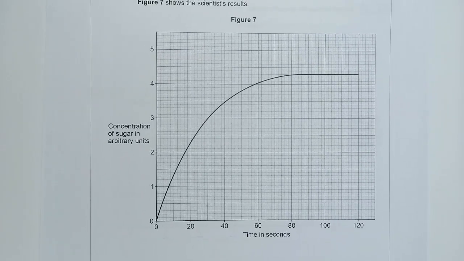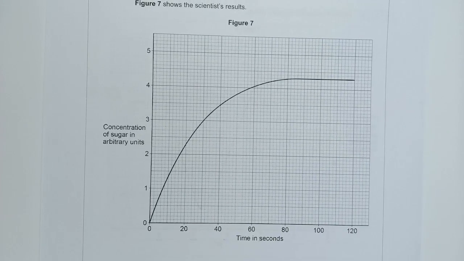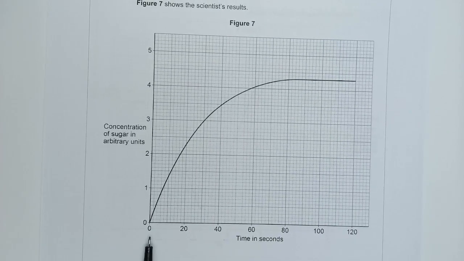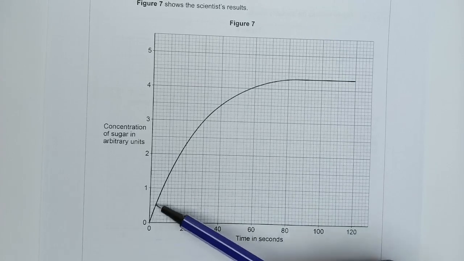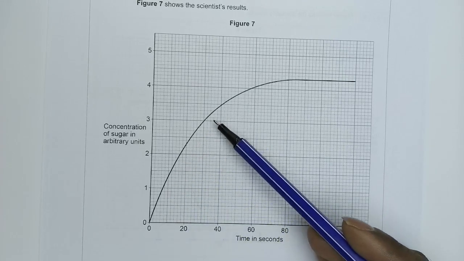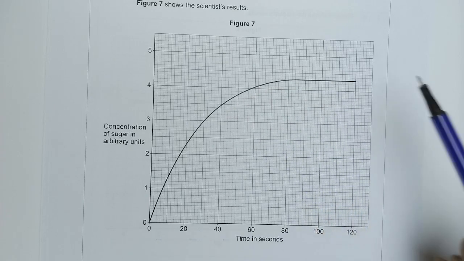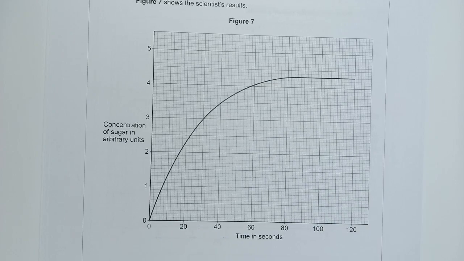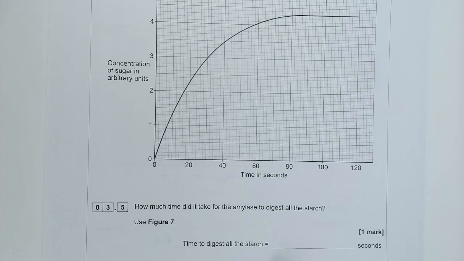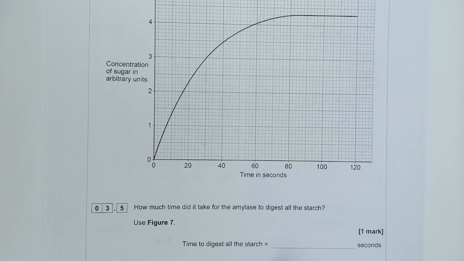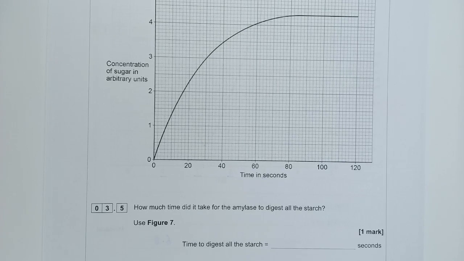So in the graph, you have the time on the y-axis between 0 and 120 seconds, and the concentration of sugar is increasing rapidly at the start, and the rate slowly decreases and then it becomes stable. So the question 3.5, how much time did it take for the amylase to digest all the starch?